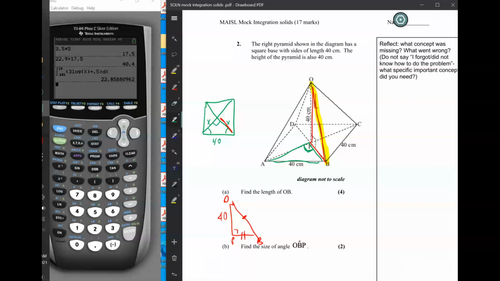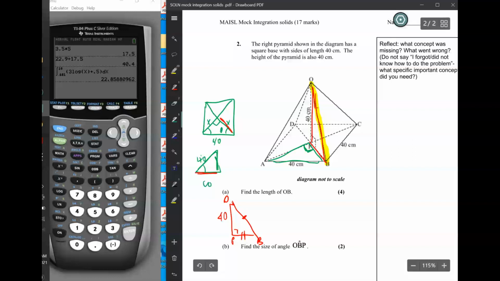So let's say that this is angle theta. I'm going to redraw this triangle so that it's the way you normally would see it. Okay, so then I've drawn it flat, and then I put the red line here, and I know that the hypotenuse is 40, and I know that this angle is 45 degrees, right?